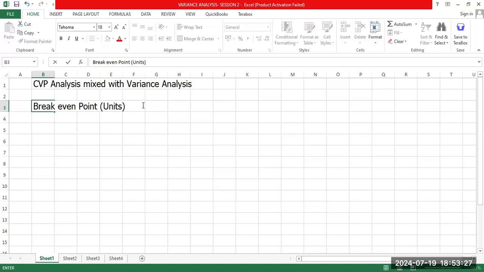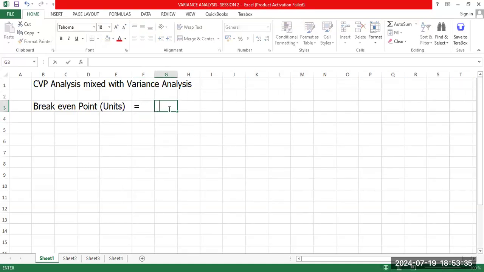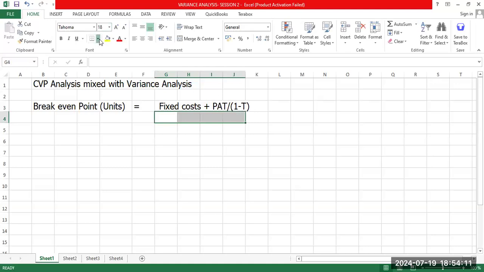we have the formula, and the formula is: you're going to get your fixed costs, total fixed costs, then add a profit after tax, then you divide by 1 minus t, then everything you divide by contribution per unit.